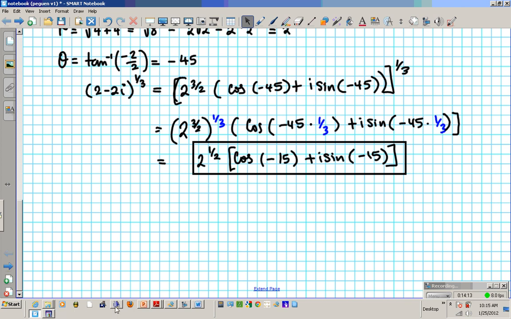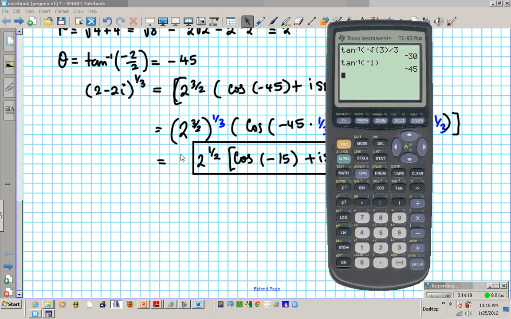I'm going to do everything in one step. 2 to the 1/2 is the same thing as square root of 2, so I'm going to go square root of 2 times, open bracket, cosine negative 15, close the angle, plus i sine negative 15, close the angle, close the bracket, enter.